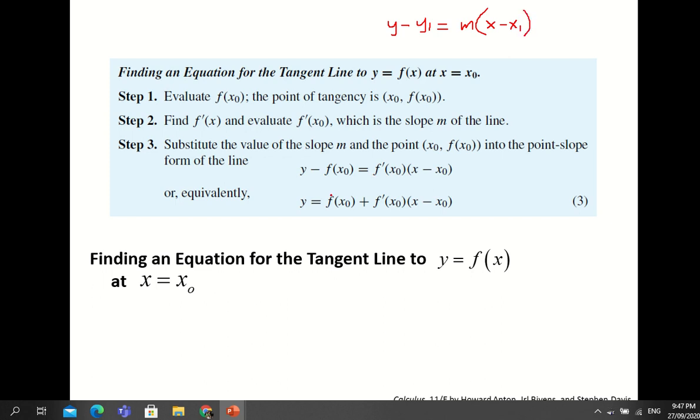M here, in our discussion, is f prime of x sub 0, which is the slope of the tangent line. Or equivalently, solving for y in terms of the other items, you just move this to the other side, so we have only y on the left side and the rest on the other side. We can call this our equation number 3. So when you find the equation of the tangent line to this function y equal to f of x at x equal to x sub 0, you just follow these steps.